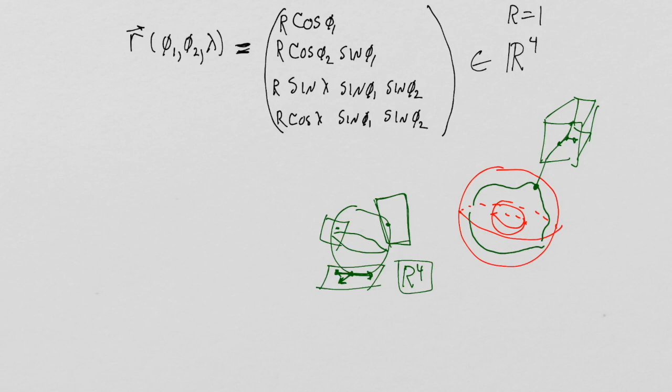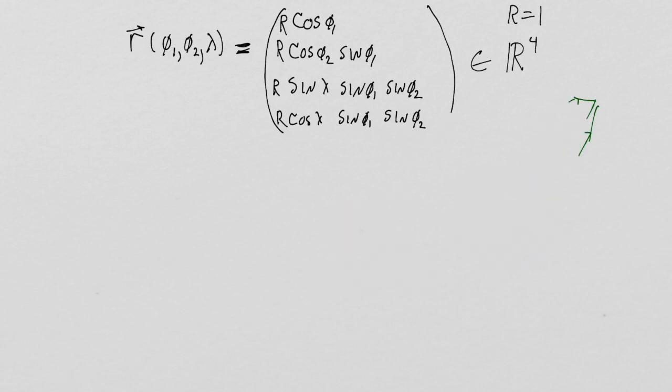Well, by analogy, for the glome we're going to do it the way we would do it for the sphere. We're going to construct three vectors. I'll call them E phi 1, E phi 2, and E lambda.